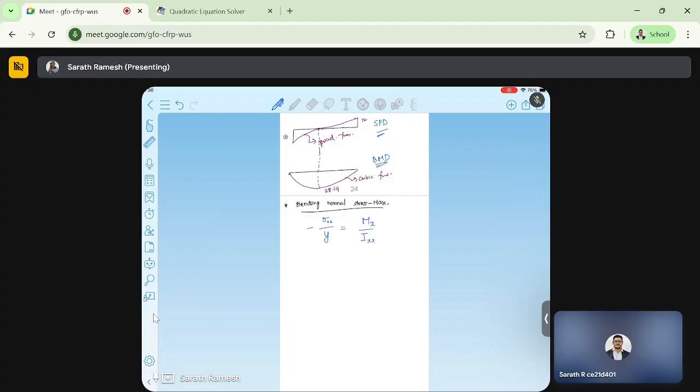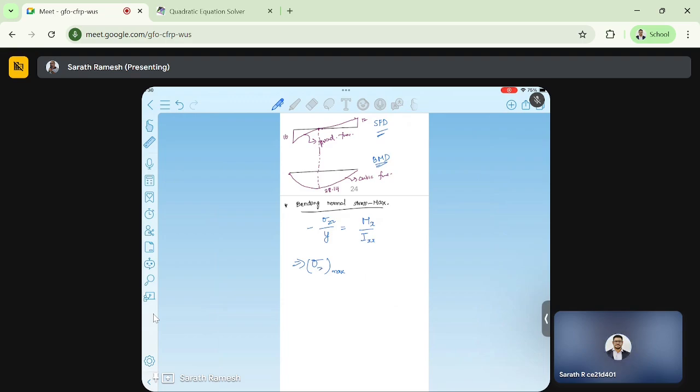Okay. So this implies sigma, I want maximum value, sigma xx max. Is it xx or zz? It is zz. Okay. Because it's my longitudinal flux.